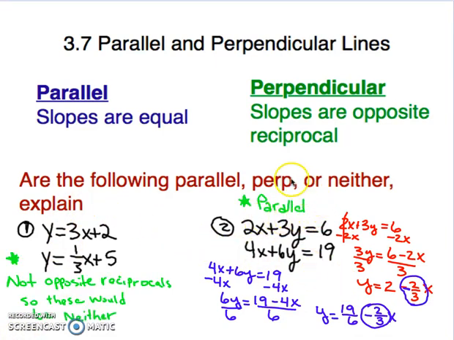So I just added a couple notes on here that these two would be parallel, again, because they are both negative 2/3 for their slope. And I also added on here that because these two slopes are not opposite reciprocals, they would be neither. They would not be parallel nor perpendicular, so we just put those as neither.